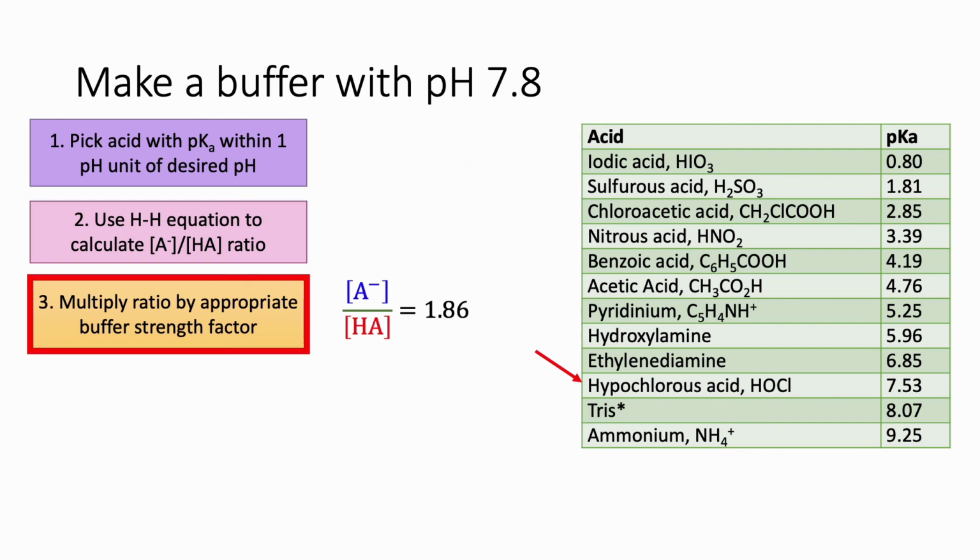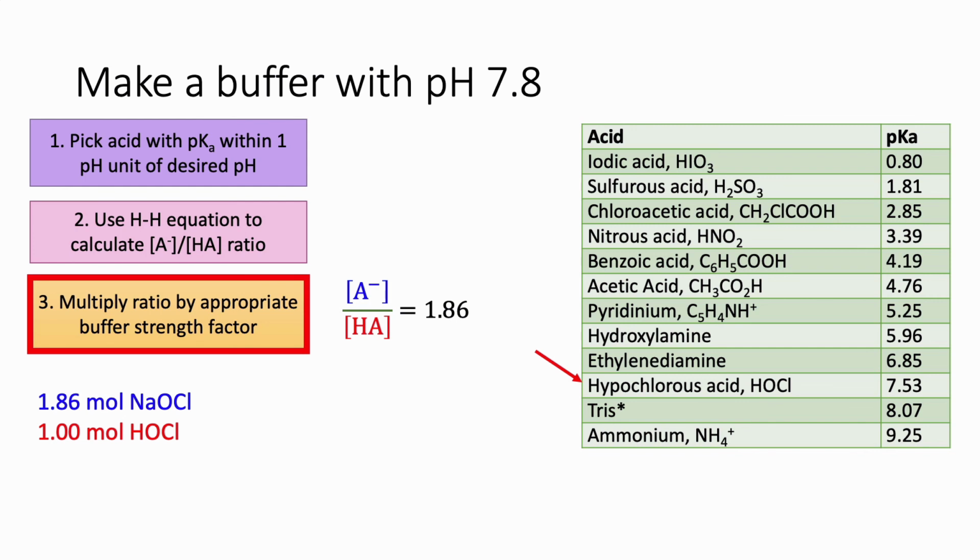What does that mean in terms of weighing things out? Well, what you're going to do is multiply that ratio by an appropriate buffer strength factor. So what does that mean? That ratio tells you the ratio between the number of moles of your conjugate base versus the number of moles of your acid.